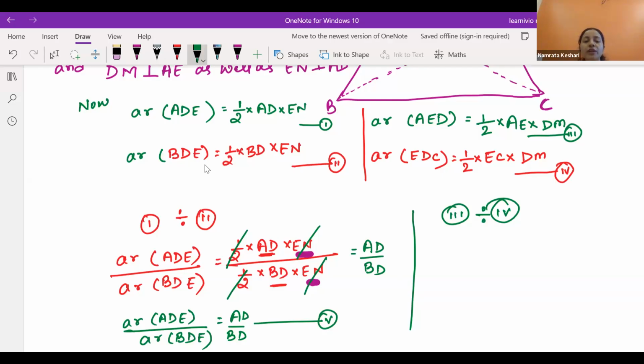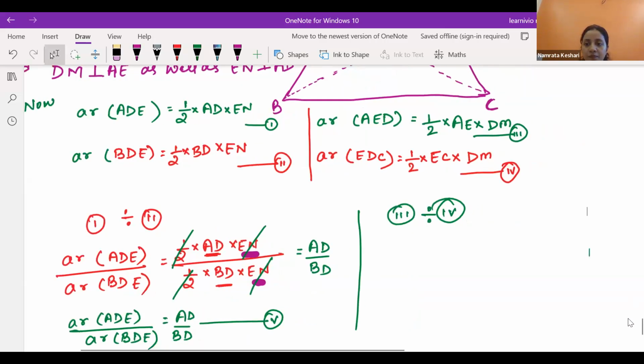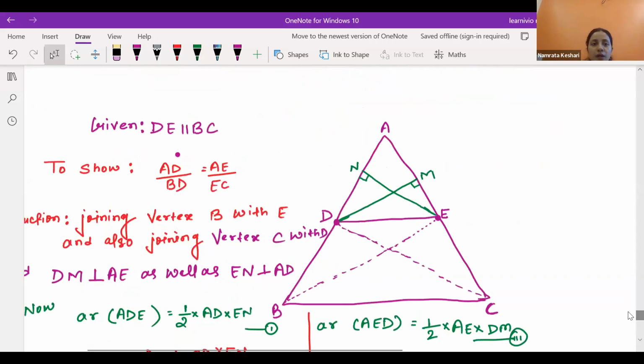Why not addition? Why not subtraction? Why are we dividing them? Do you know anyone? No, you are not getting why we are dividing them all of a sudden. See the proof part, the showing part.